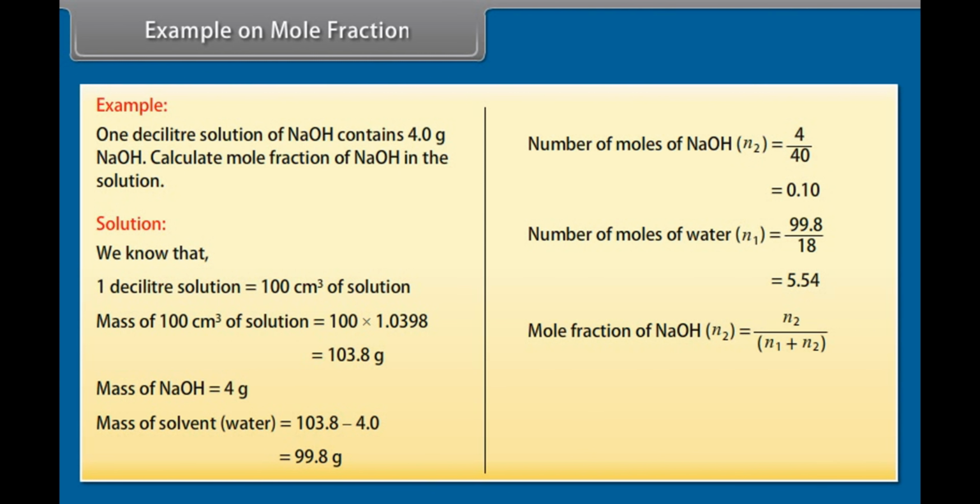Mole fraction of NaOH, X2, is equal to N2 upon N1 plus N2, which is equal to 0.018. Hence, mole fraction of NaOH in the solution is 0.018. Formality and parts per million.